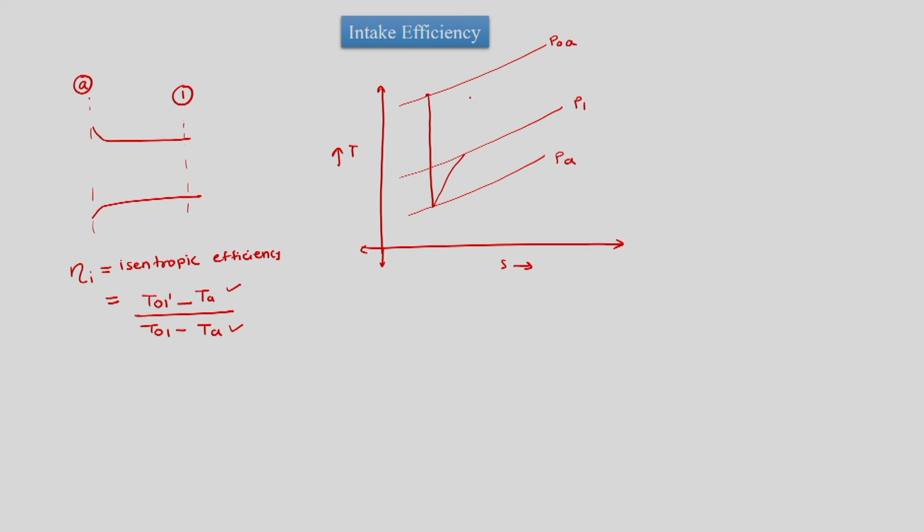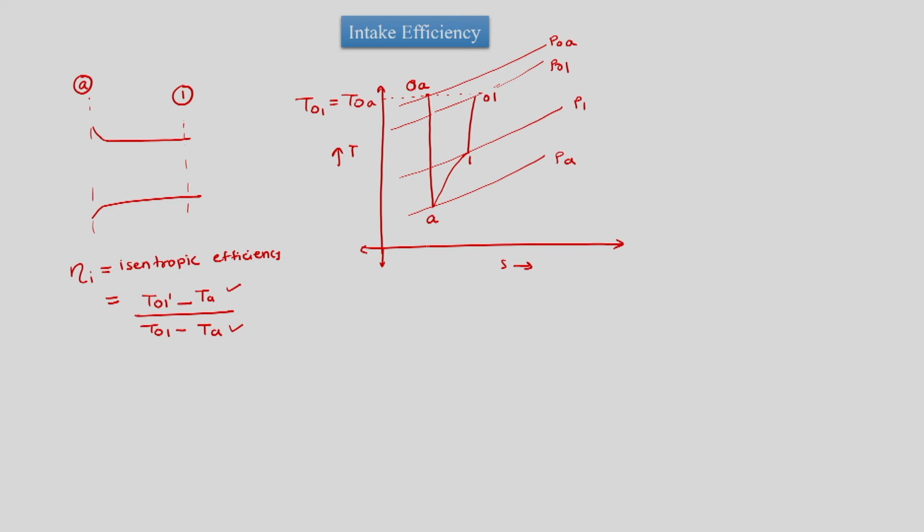So there will be total pressure P naught 1 at the exit of the intake, but since the process is adiabatic, both will have the same temperature, which is T naught A is equal to T naught 1. So this is the case which we would have. This is A, this is 1, this is naught 1, this is naught A.